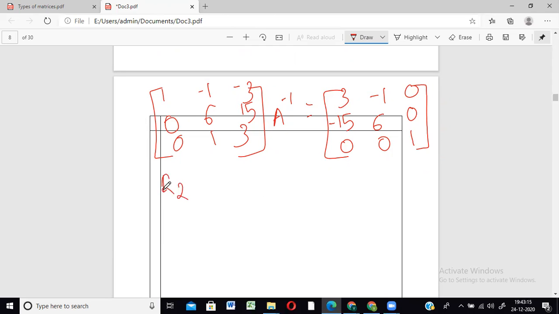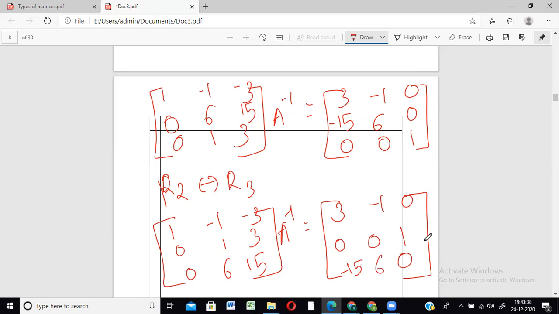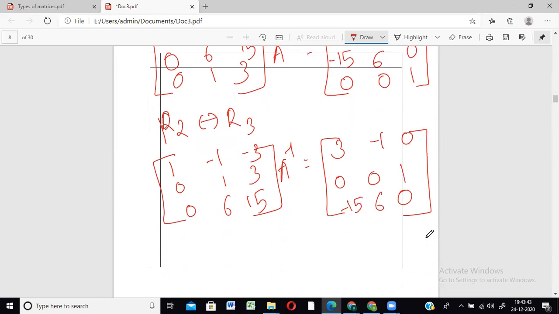So here I'm going to interchange these two rows, R2 and R3. R1 there is no change, R2 becomes R3 and R3 becomes R2. A inverse, which is equal to 3 minus 1 0, and 0 0 1, minus 15 6 and 0, alright, so R2 to R3. And now what can be done?